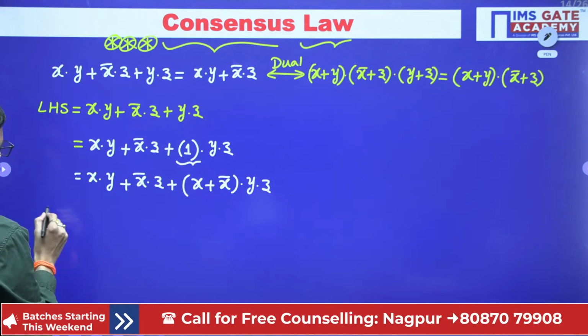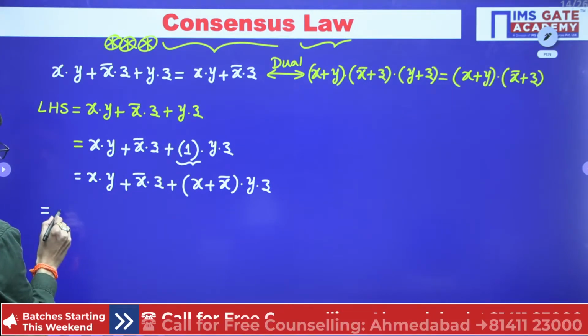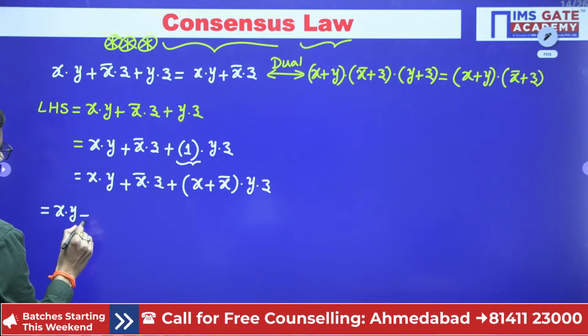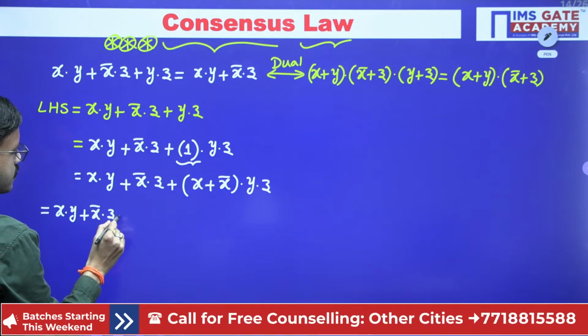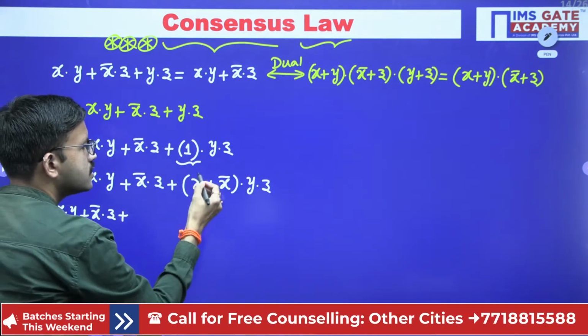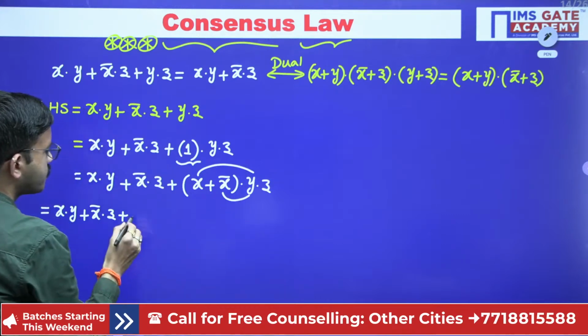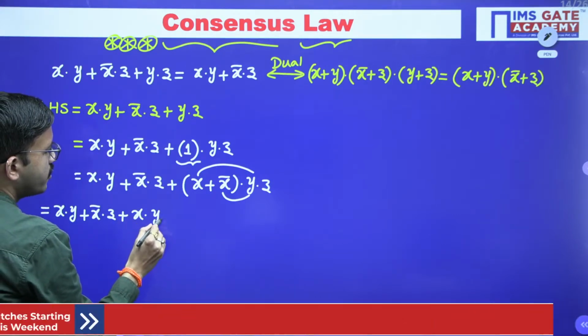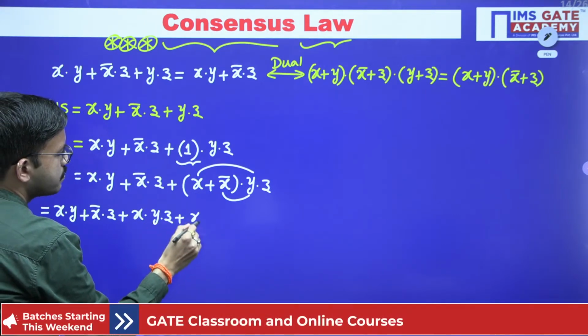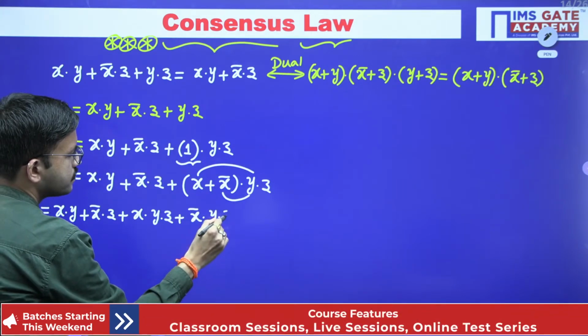Now the first 2 terms you can copy as it is. Then here just perform the logical AND: x and y and z plus x bar y and z.